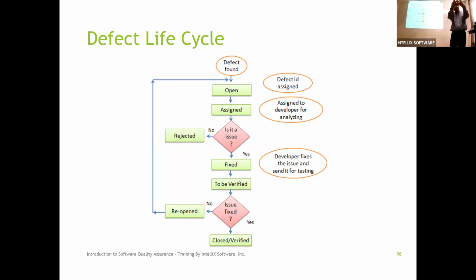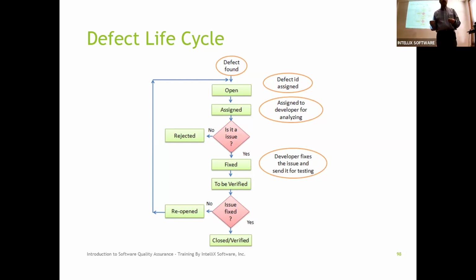Once I assign it to somebody, they're going to look at it and say, is it truly a defect, or is it not a defect because there was a lack of clarity and my understanding as a tester is different from what it should be? So it may not be a defect. They verify that it is truly an issue.